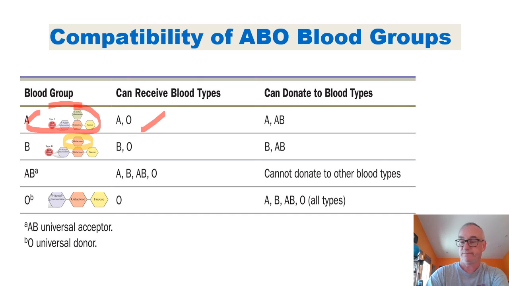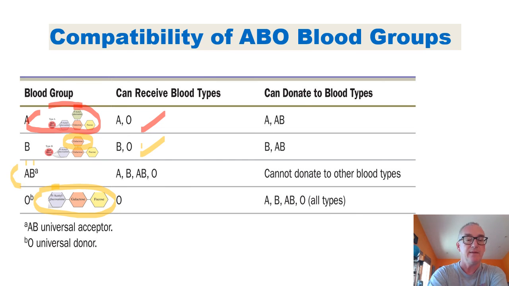So you can donate or receive B, and of course you can receive O. You can give to B and AB, but you can't donate to O, because remember, O only has the 3. O only has the universal 3. And so it can't accept A, B, or AB. That would not go well. So O can only get blood from other O.